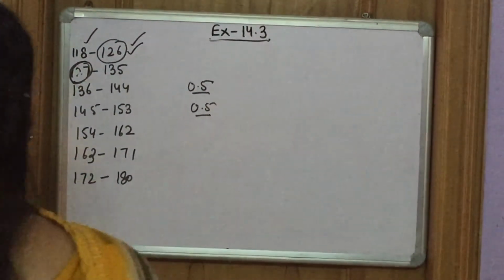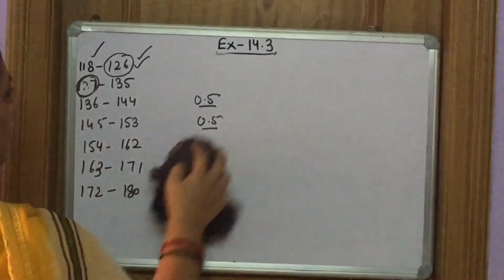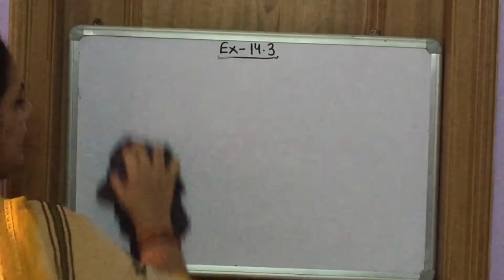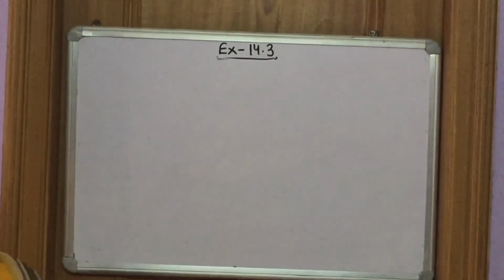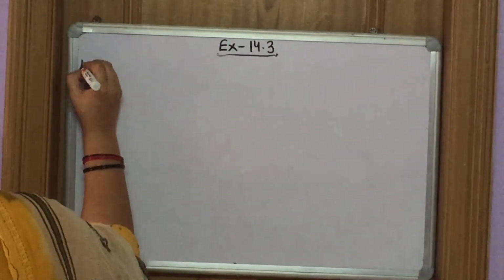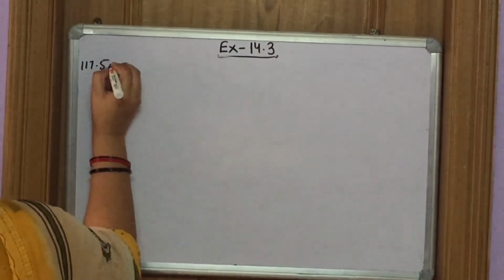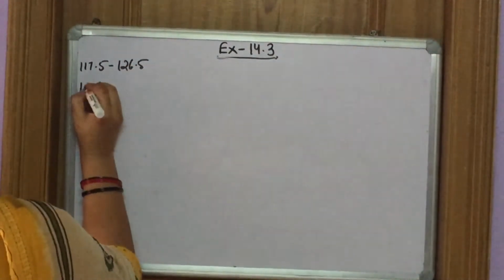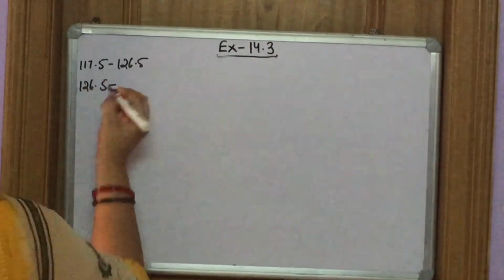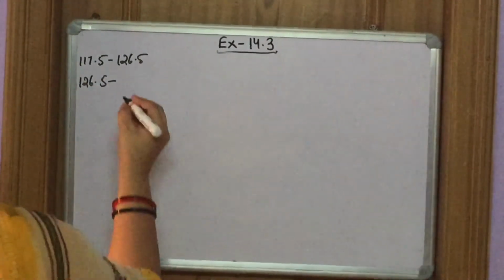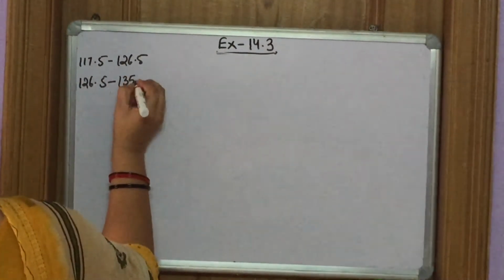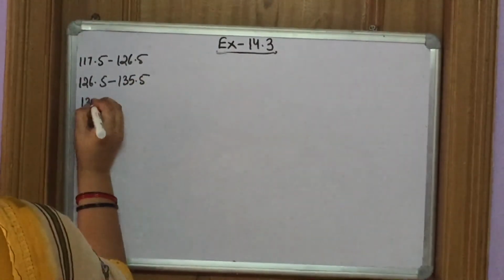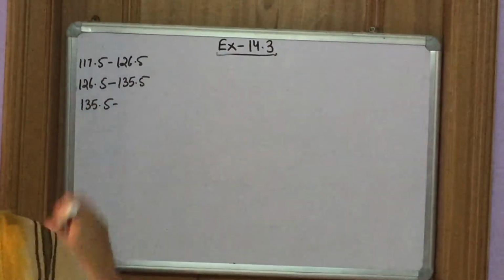So here we will write our class interval again. Then it will be 117.5 and 126.5. 126.5. Then in the next term, when we add, 135.5. Here we have 135.5.